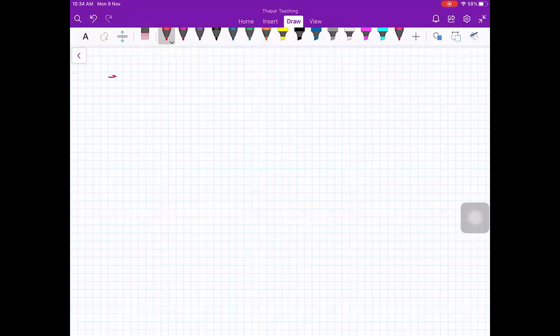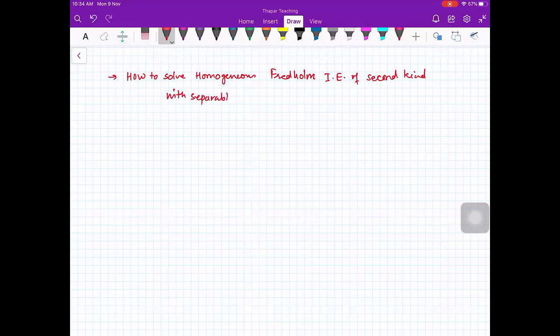And we have also seen how to solve homogeneous Fredholm integral equations of second kind with separable kernel. Okay, so the last lecture was about this equation.